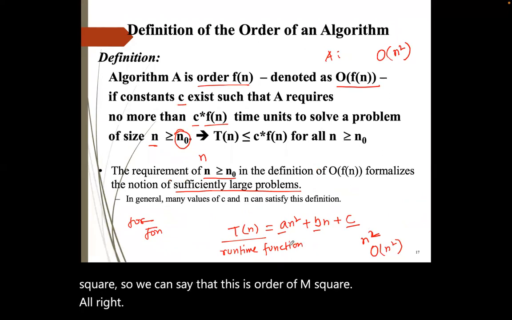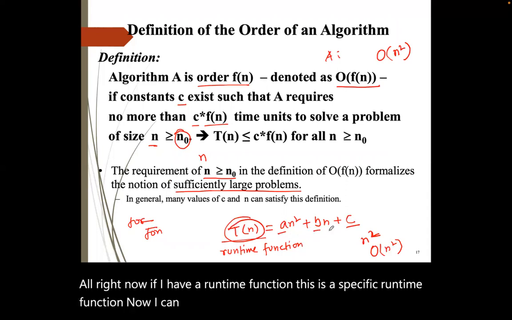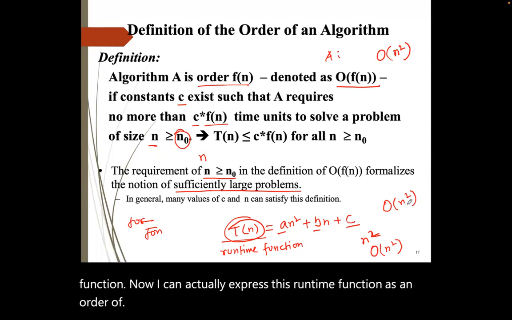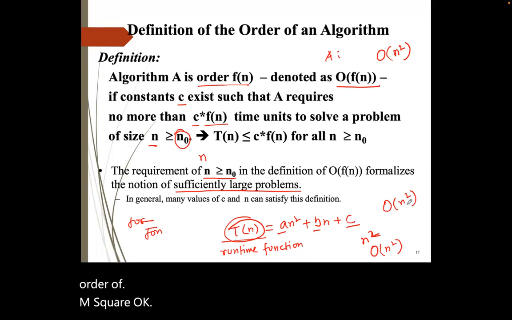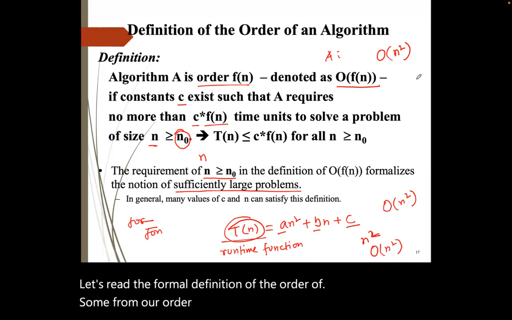Now, this is a specific runtime function, and I can express this runtime function as an order of n square. How can I do that? Let's read the formal definition of the order of f of n of an algorithm.